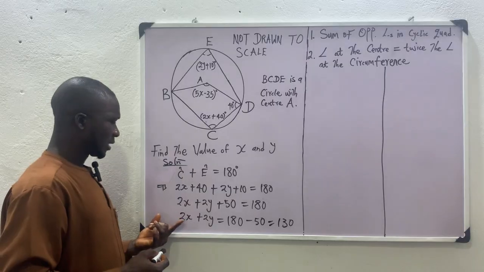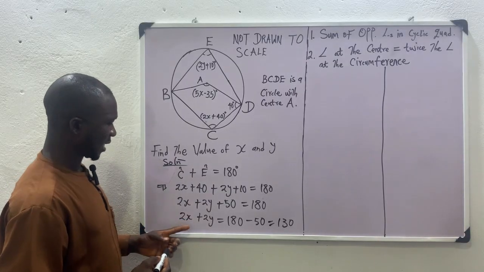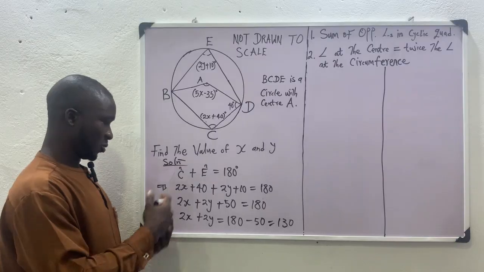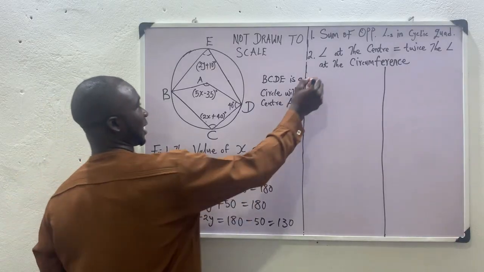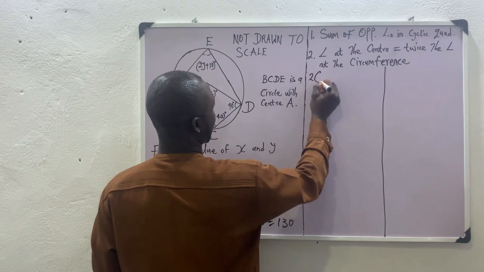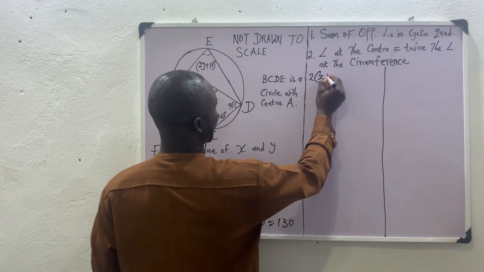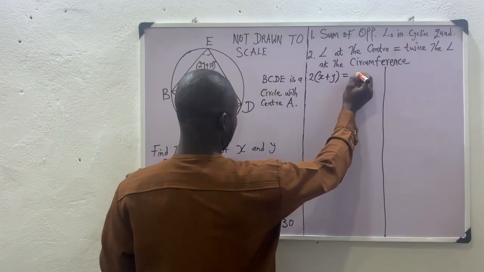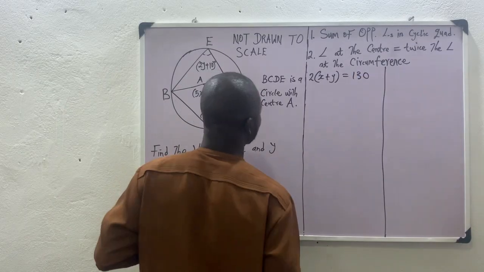Since the variables x and y have the same coefficient, we can factor it out, and we then have that 2 times x plus y will be the same thing as 130 degrees.